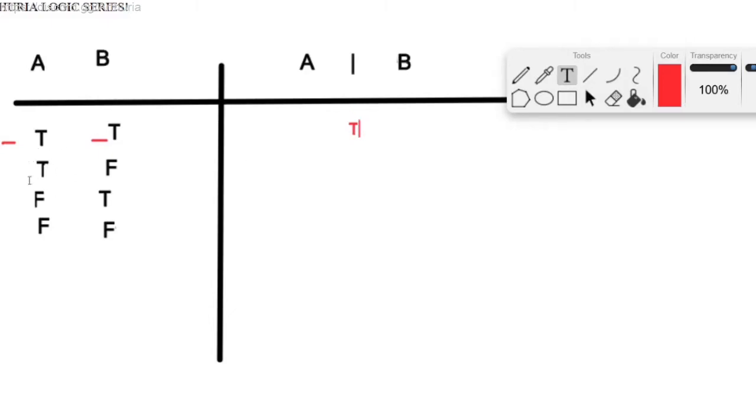When A is true and B is false, I have at least one, so it's true. When A is false and B is true, it's true. When both are false, it's false. So I'm writing out all the possible combinations on my left side, and I'm seeing what happens with the operator.